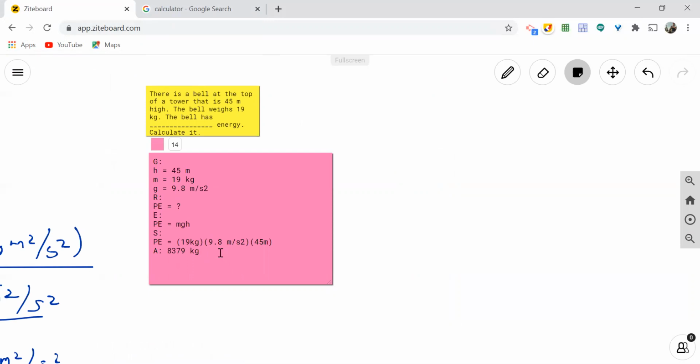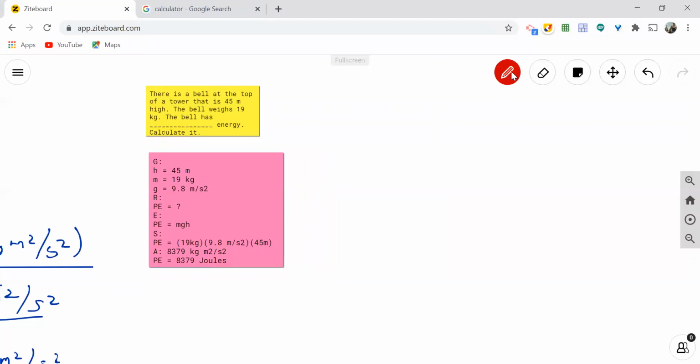Then bring down M. Since we are going to multiply the same units, we're going to add the exponent of it. So meter plus meter is equal to meter squared. Then second squared. That's it. Then our final answer is PE is equal to 8,379 joules. All right. So that is our answer.